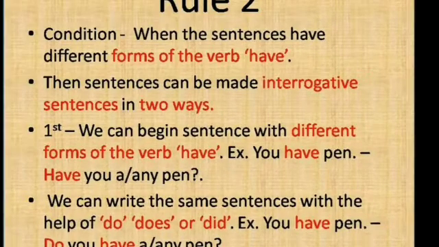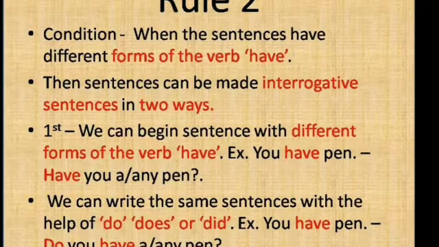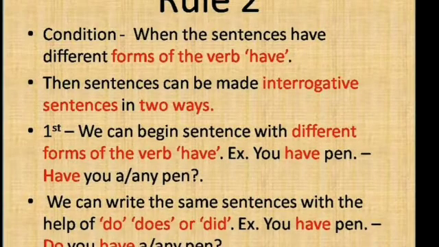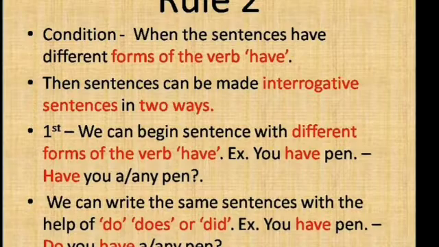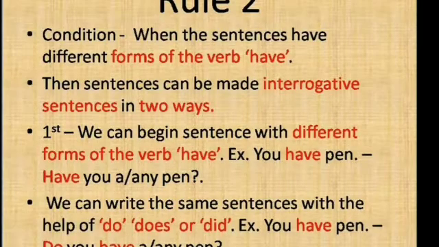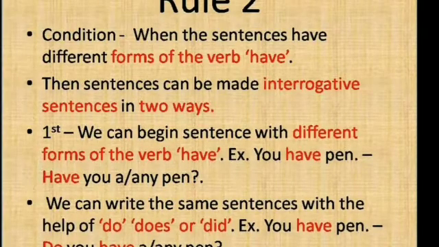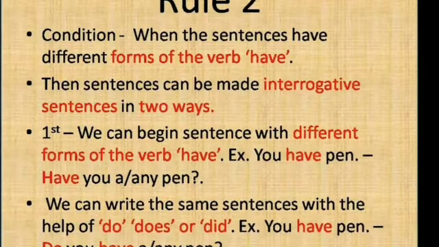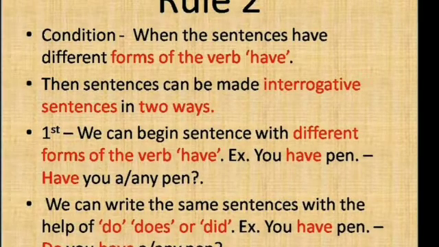Rule number 2. When the sentences have different forms of the verb have, then sentences can be made interrogative in two ways. First way, we can begin sentences with the different forms of the verb have. For example, you have a pen. You can write have at the beginning of the sentence and make it an interrogative sentence.